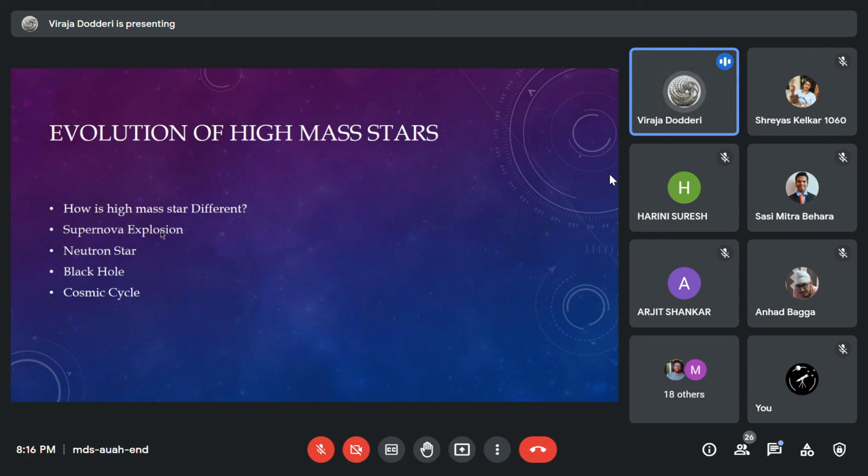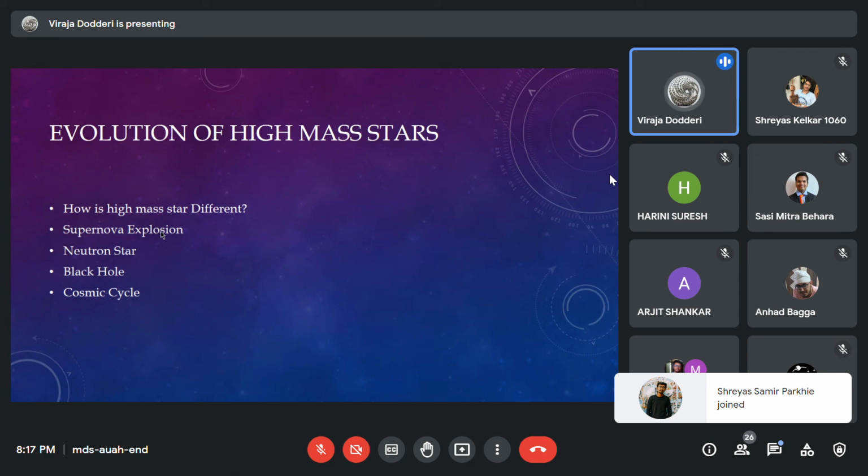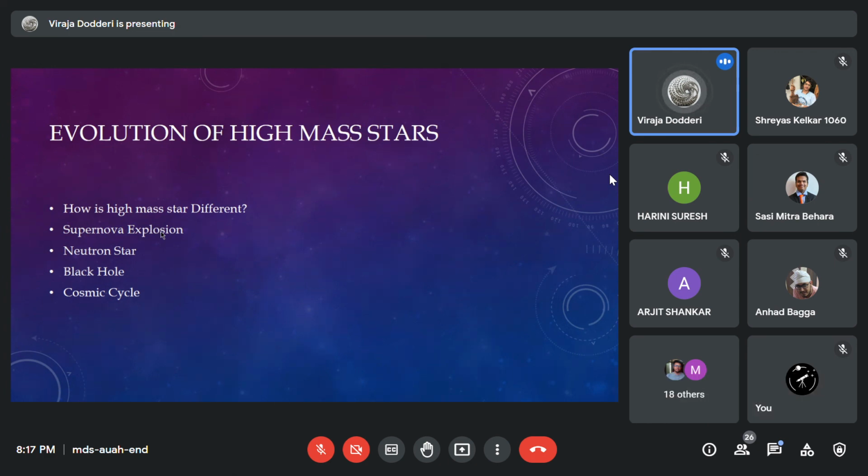While transferring the energy, it creates some heating. This heating produces enough energy to propel particles out of the star itself. So it's a pretty huge amount of heat. This is called the delayed supernova mechanism.